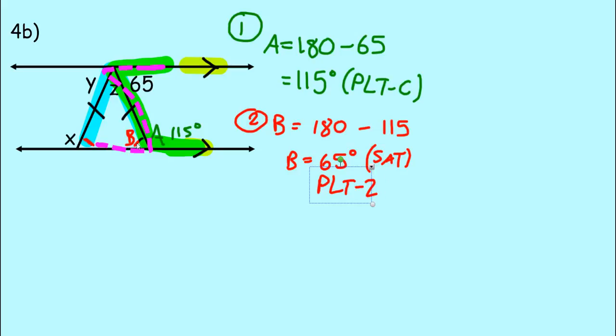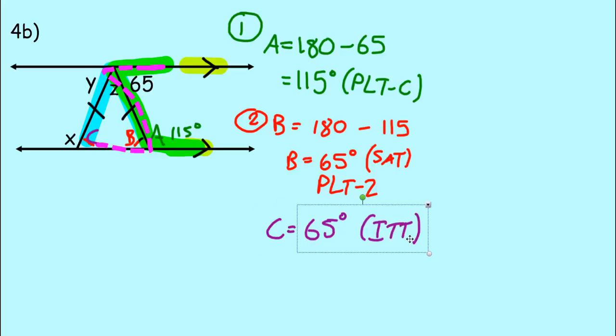So if this is 65 degrees, we know that this other side is also 65 degrees by ITT. So if you want to name this C, C is equal to 65, and I don't even need to show any work because the reason is the work enough.